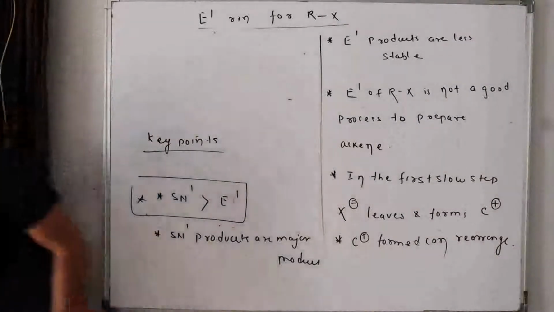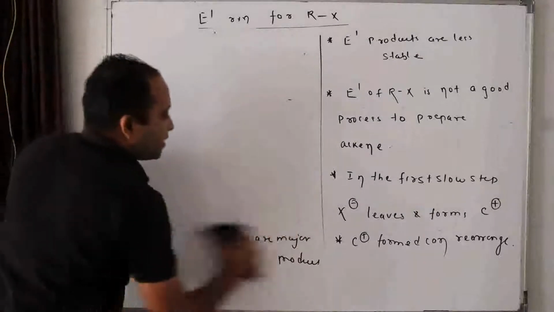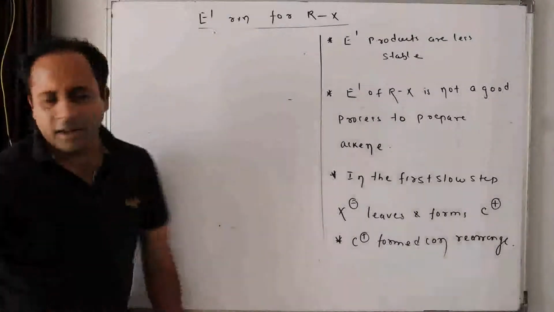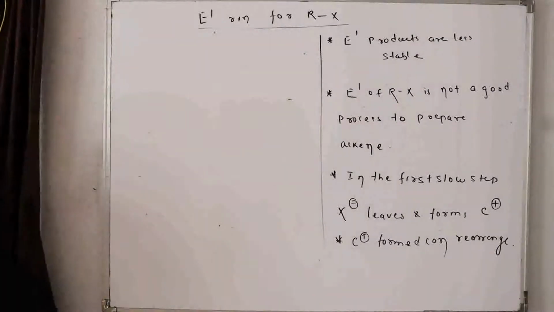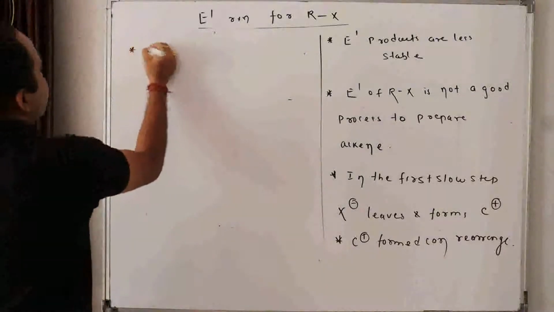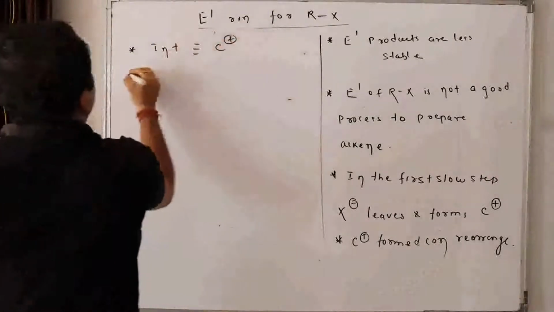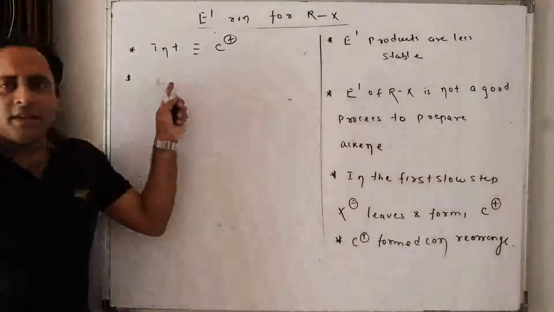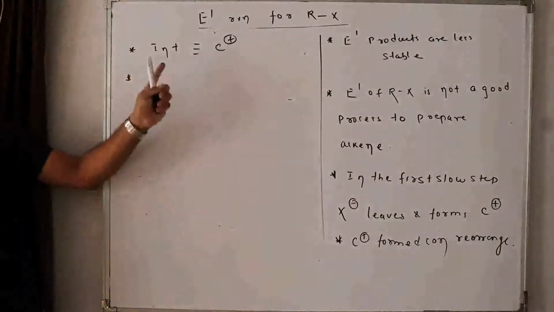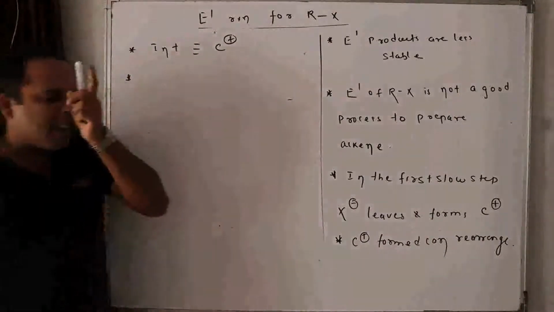Okay? Can I rub this part? The carbocation formed can rearrange. That means here the intermediate is the carbocation. Now, in the second fast step, the weak base abstracts beta hydrogen to give an alkene as product.